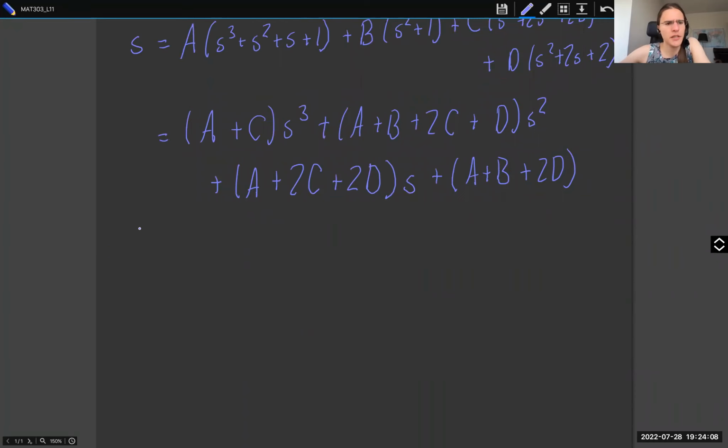So in summary, I'm not going to write the bars. We have A, B, C, D in each column.